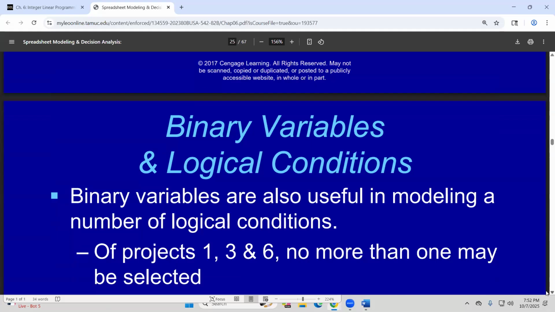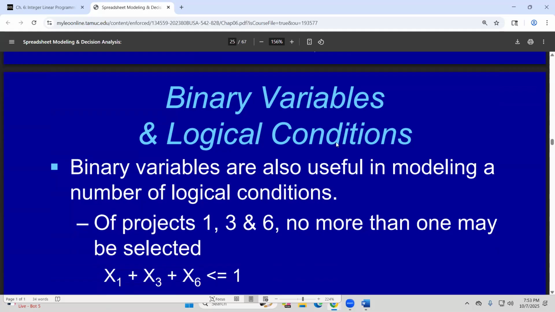So that means you have an option to choose none of them, or you can choose either x1. So a possible solution for the values of x is all of them are 0, right? Or x6 is 1 and the rest are 0, or x3 is 1 and the rest are 0, or x1 is 1 and the rest are 0, right?